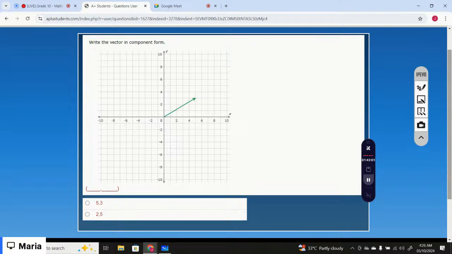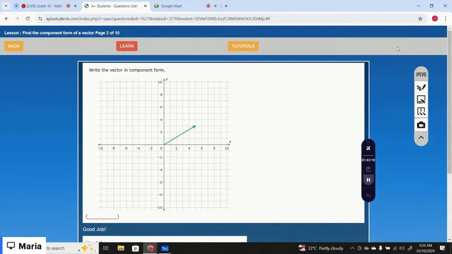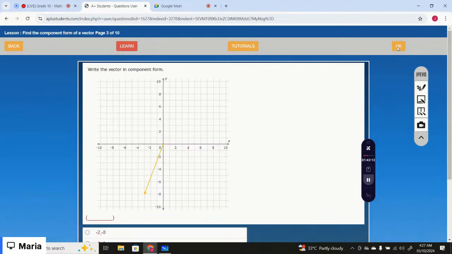Yes, the correct option is 5 and 3. Option number 1 is the correct option. That is 5 and 3. Very good. Okay, the next one is write the vector in component form.